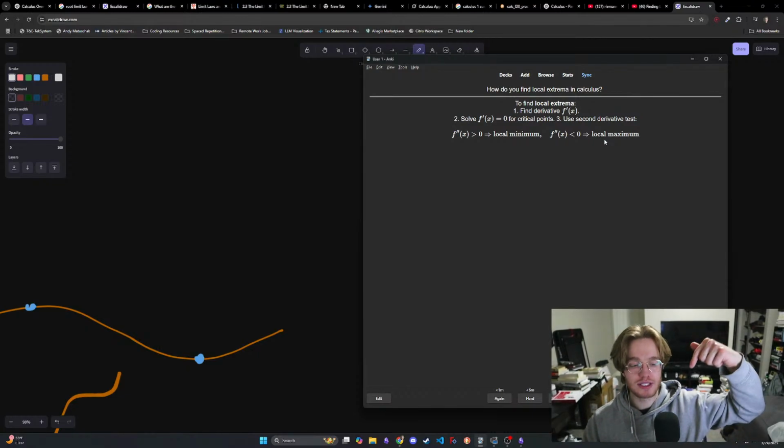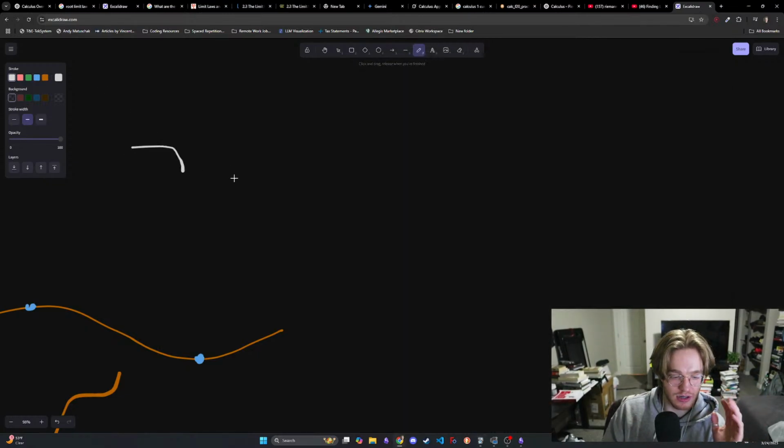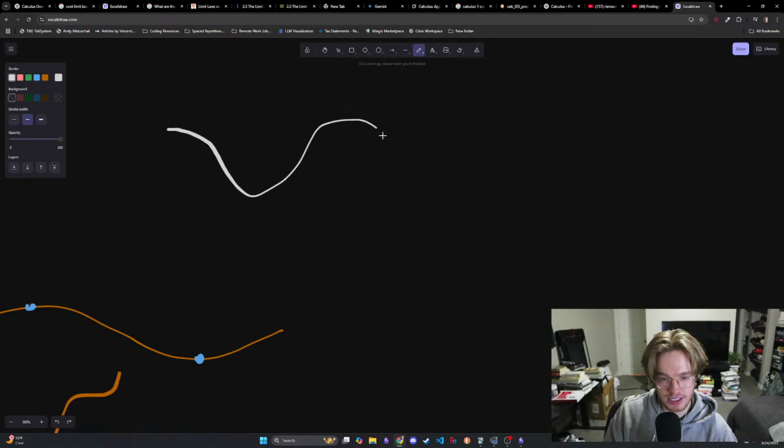So say this is our second order derivative, and we're going like this. At this point here, this is the mapping of our rate of change. At this point, we're probably at our lowest point, because our rate of change is going inverse. Then at this point, it begins to go back up, and this is when it is at our highest point.